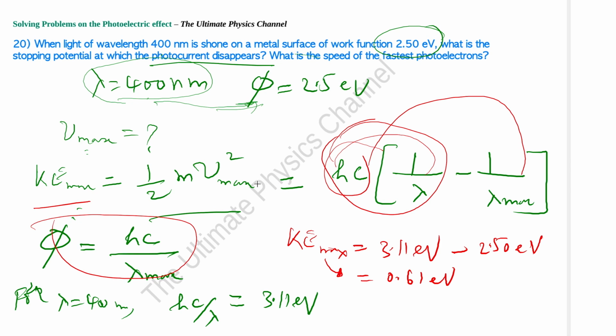If you know the K max, then half m v squared max we can use and calculate the speed of the electrons.